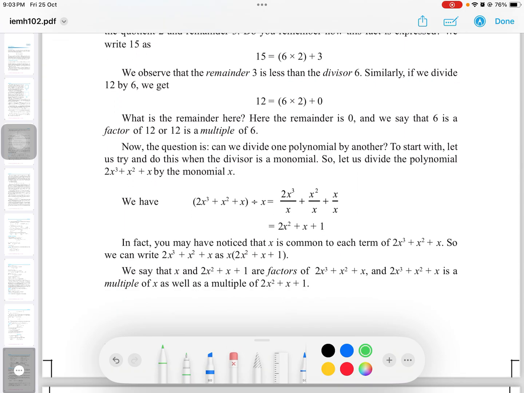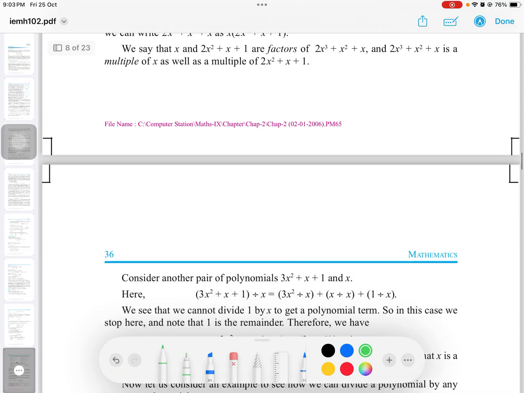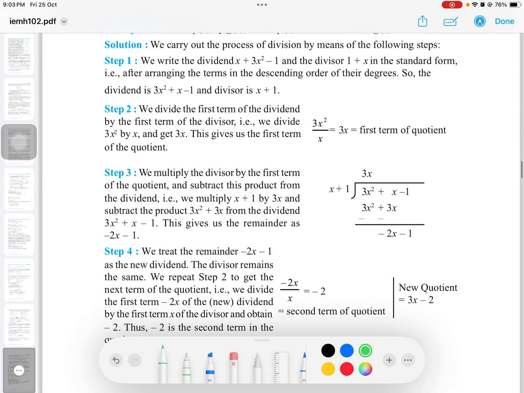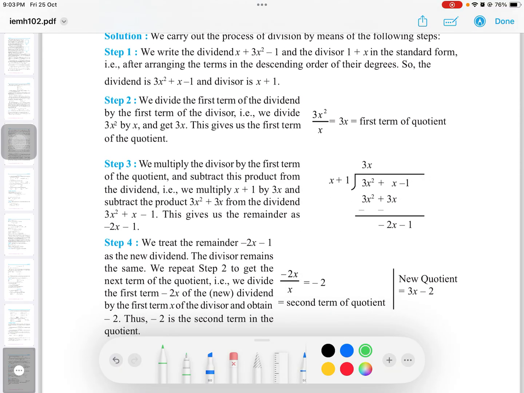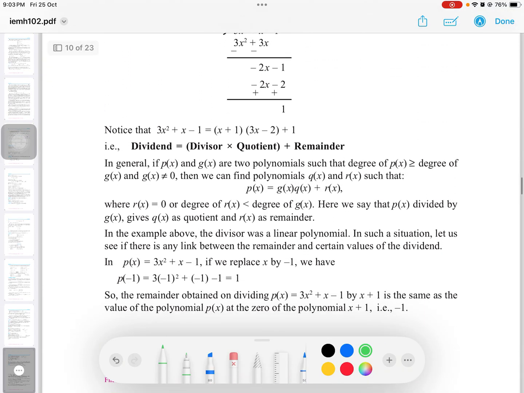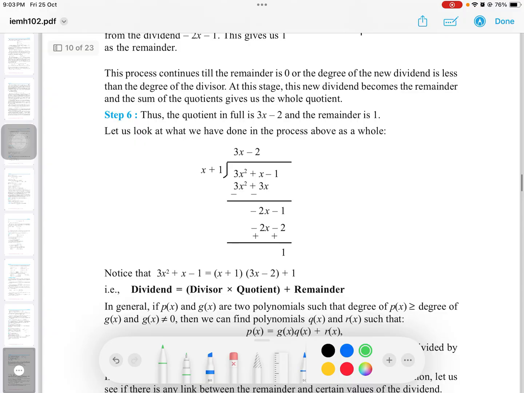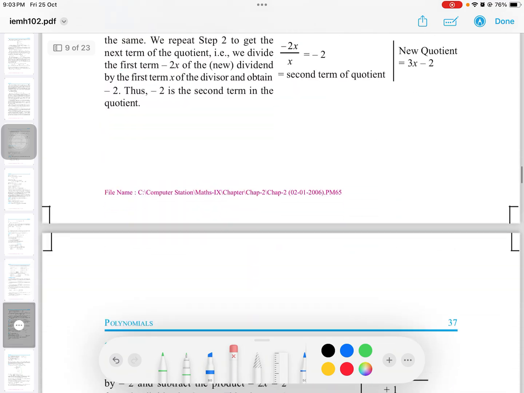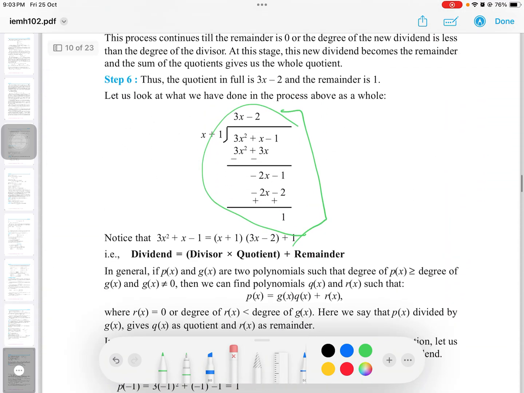Now let's not consider this example. I'll go straight into how you divide any polynomial. After I explain this, I'll explain the process fully and then walk you back so that you get a clear understanding.